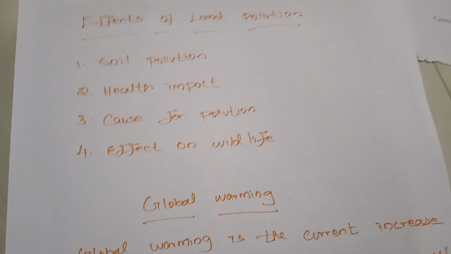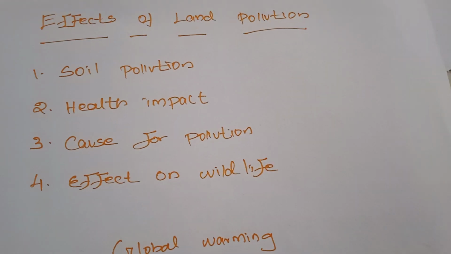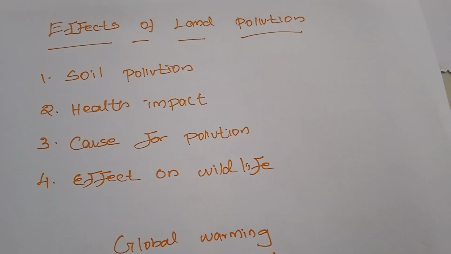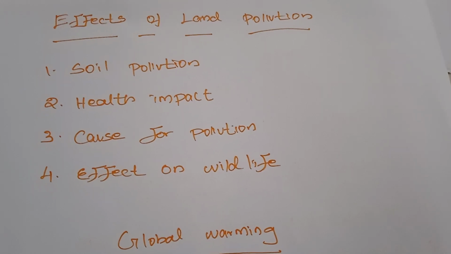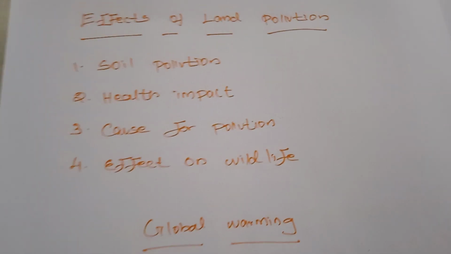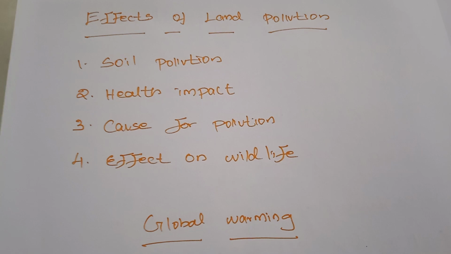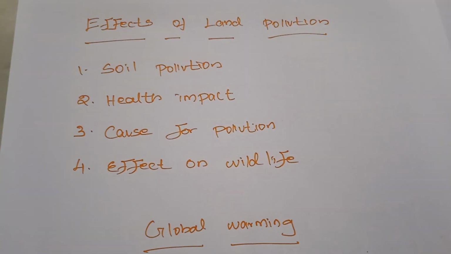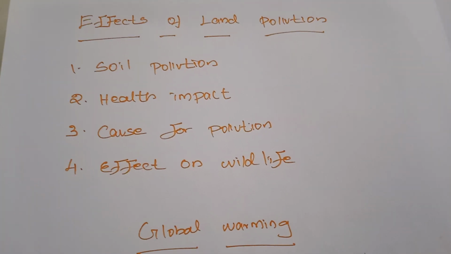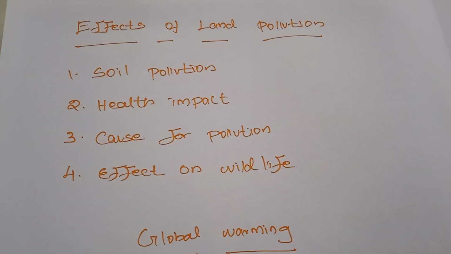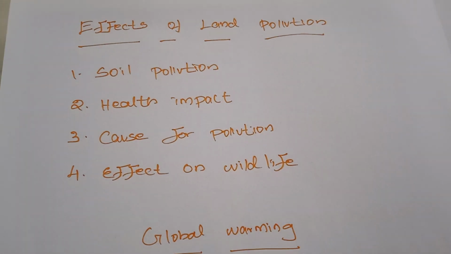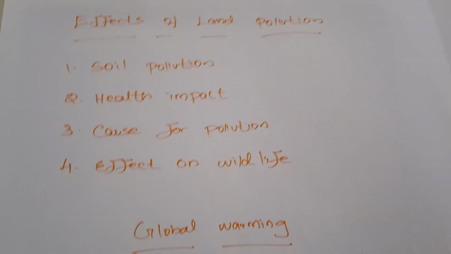So when we use chemical fertilizers on cultivated land, crop some vegetables, and after that eat that food, the human respiratory system will be affected, and many people will be affected by skin cancers.